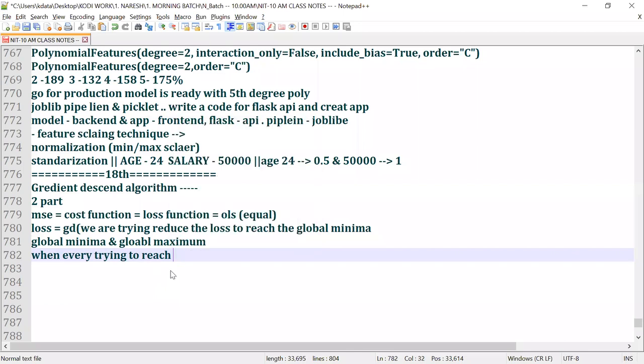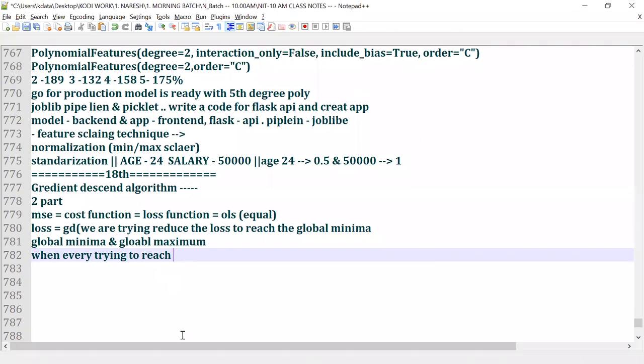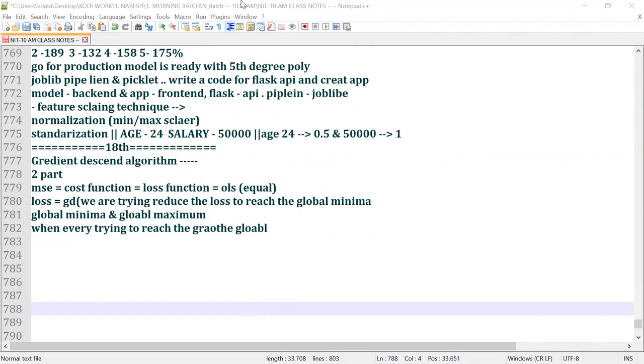Oops, it's got stuck. Just one sec. Give me a second, guys. The system got hacked. Kirtana, are you understanding? Are you practicing?